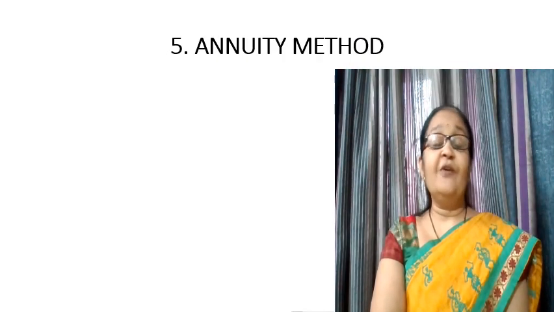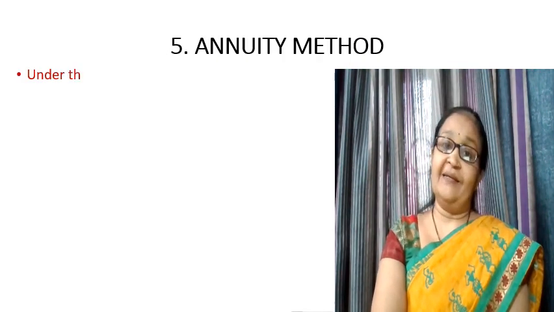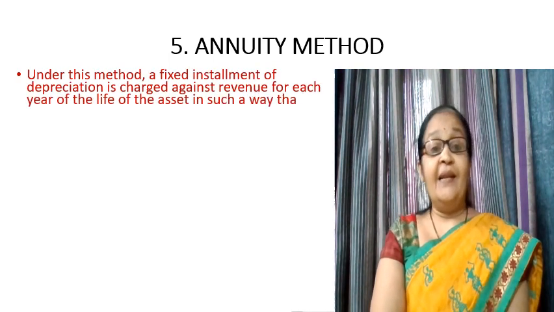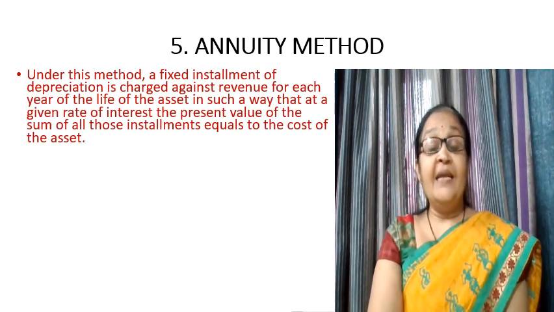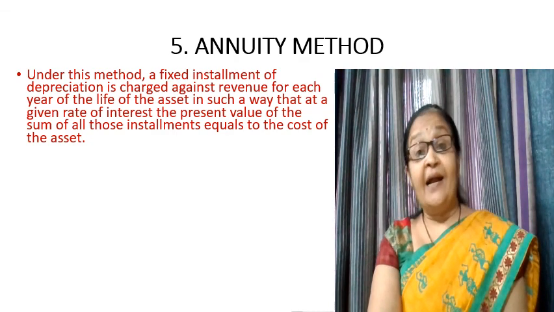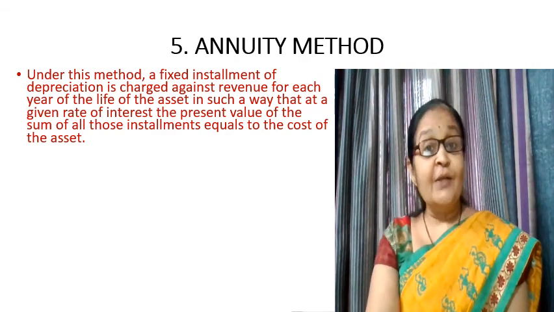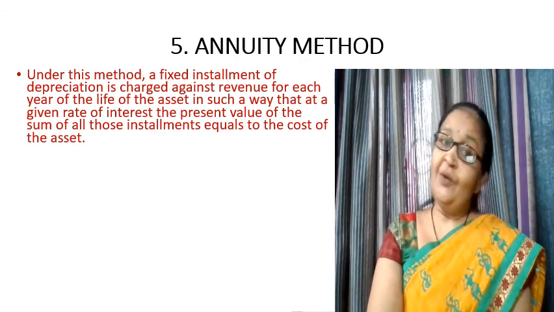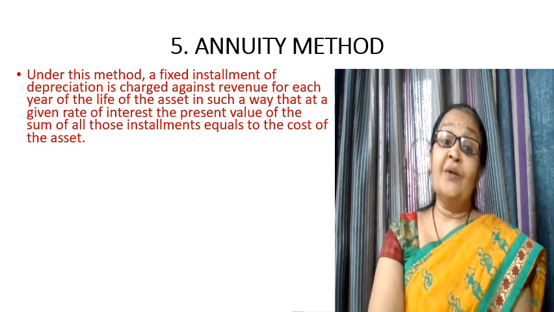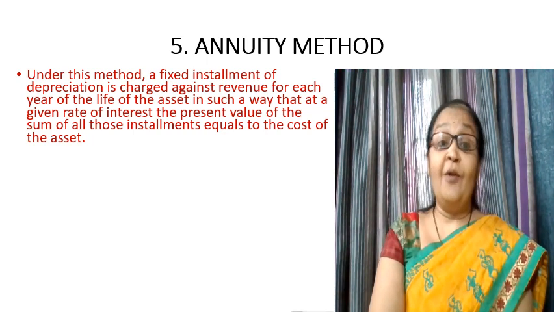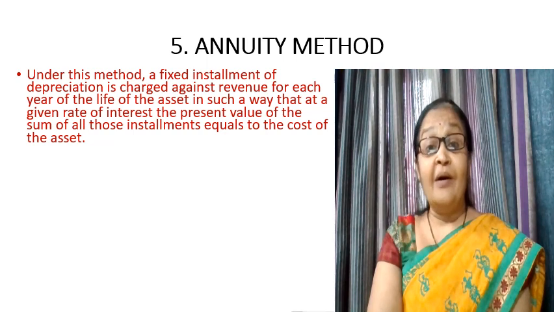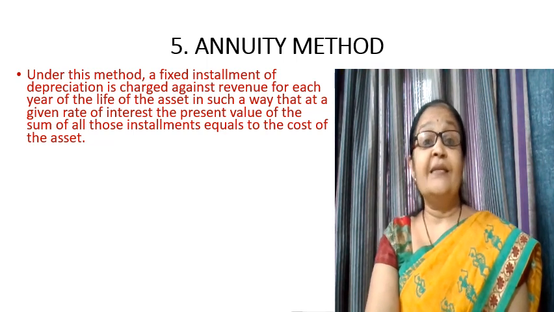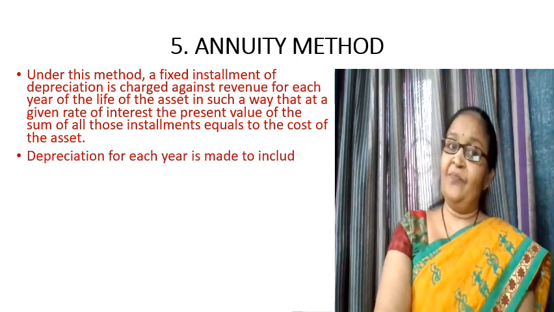The next method for discussion is the annuity method. The principle underlying this method is that in calculating depreciation, regard has to be given not only to the cost of an asset but also to the interest which the capital blocked in that asset would have earned had it been invested outside the business.